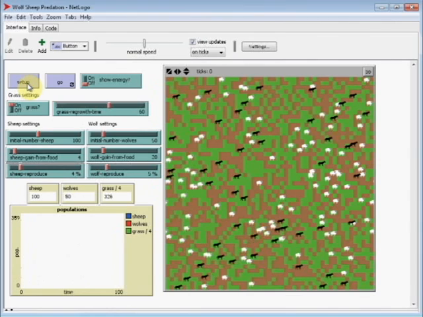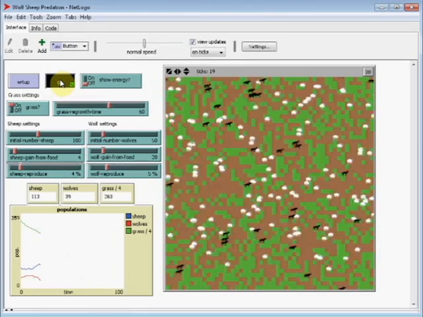We might expect that if the grass takes longer to grow, the sheep won't find as much grass to eat, and so the sheep would die off. And I guess if the sheep die off, the wolves have to die off as well. Once the wolves die off, then we probably expect the population of the sheep to grow again. So let's have a look and see if that's what happens.